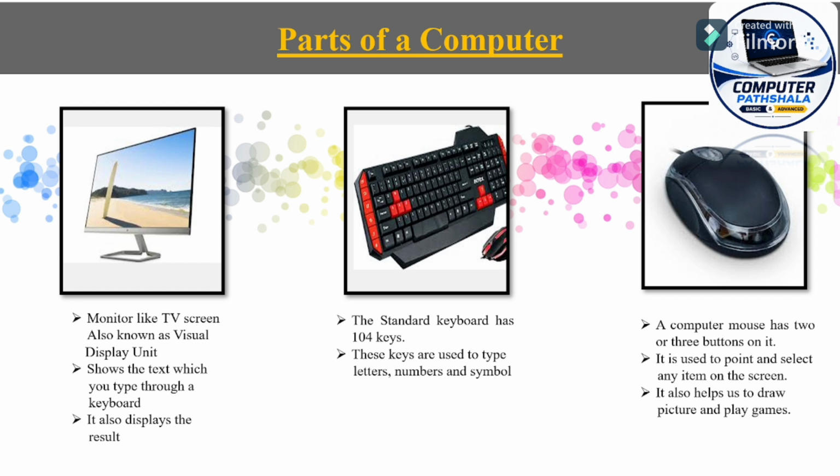A computer mouse has two buttons, or in some mice there are three buttons also. It is used to point and select any item on the screen. It also helps us to draw pictures and play different games. That's why it is also known as the pointing device, because it is used to control the cursor on the screen.